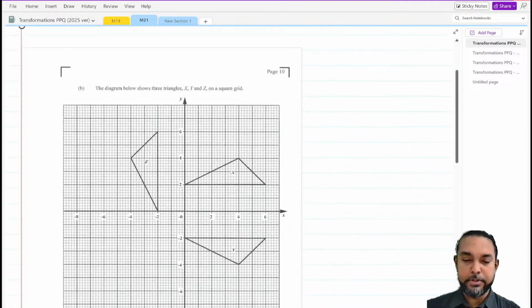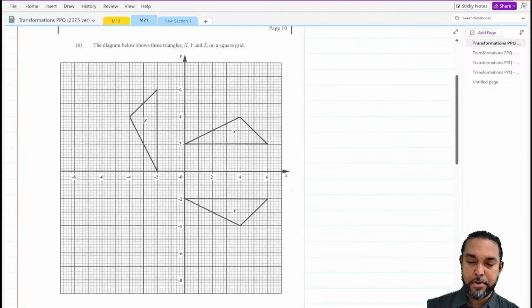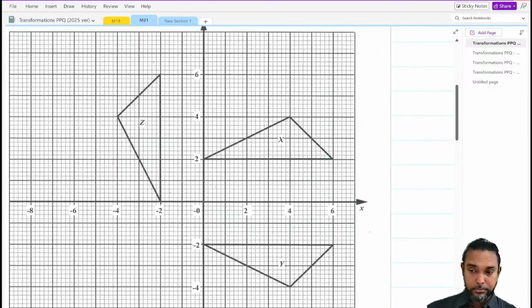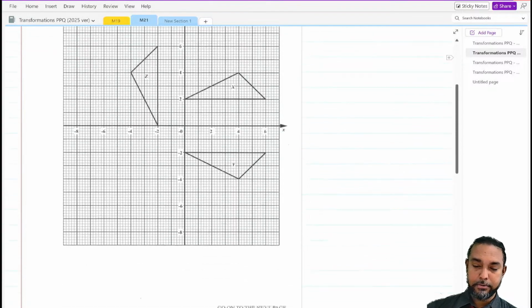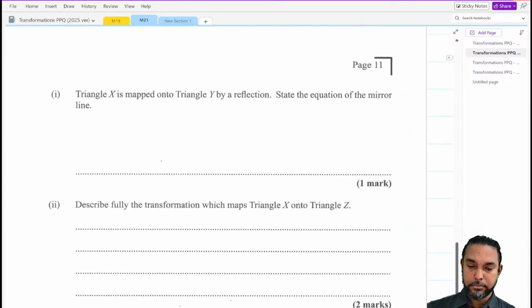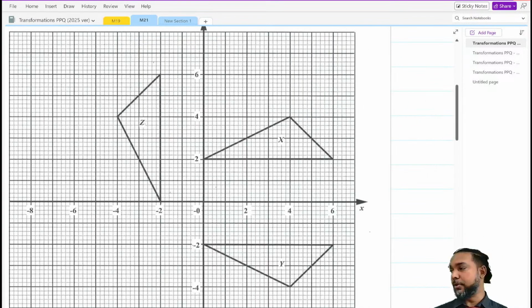All right, so there's the diagram here. Take a little look-see. All right, so we'll just look at these first 2 things first, right? But let me give you guys your printout.